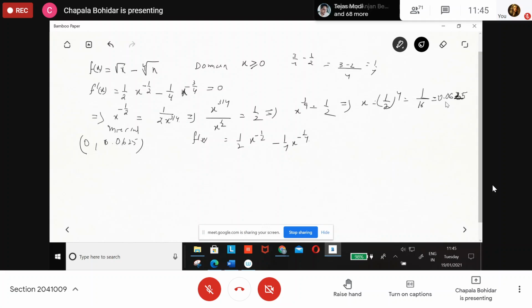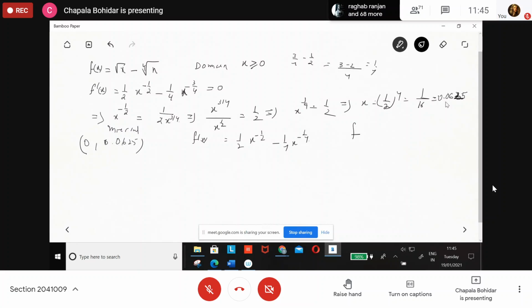Then we check whether f is increasing or decreasing. In between this open interval 0 to 0.0625, consider any value x. I can consider 0.01.